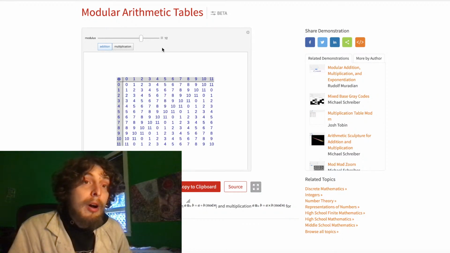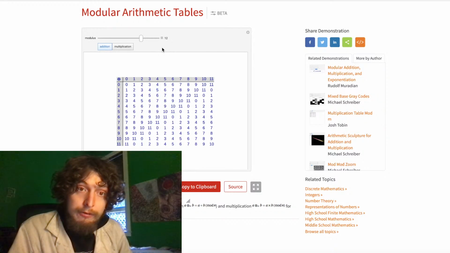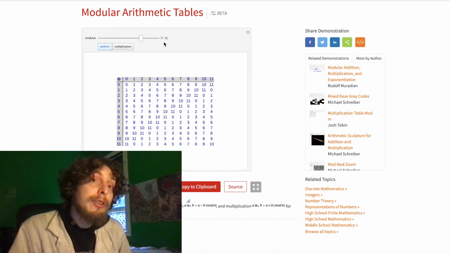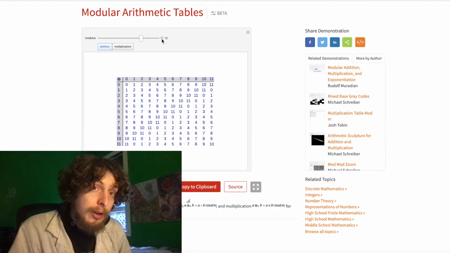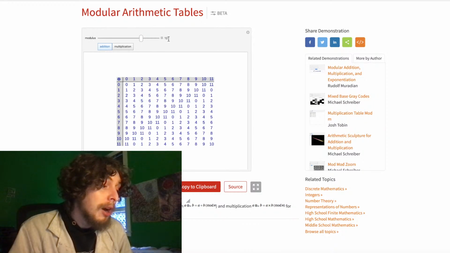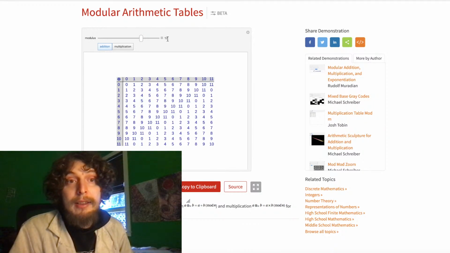So there are even mods where division is well defined, but it turns out your mod needs to be a prime number to have certain traits about division work. Normally we like our mod to be a really divisible number with how we do clocks and stuff, but it's kind of the opposite you'd want for some traits to work.